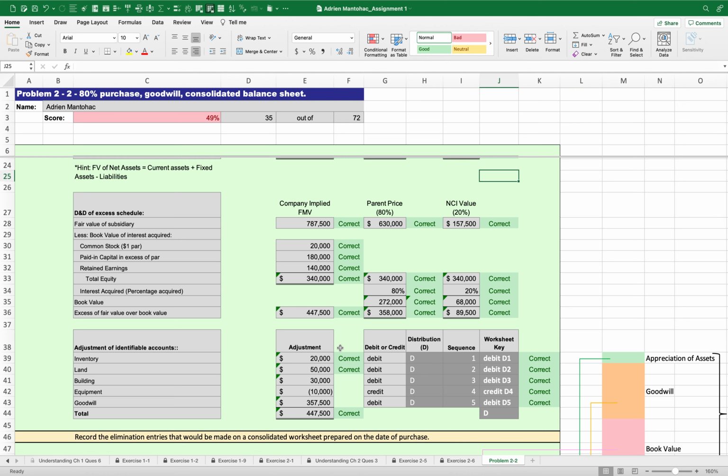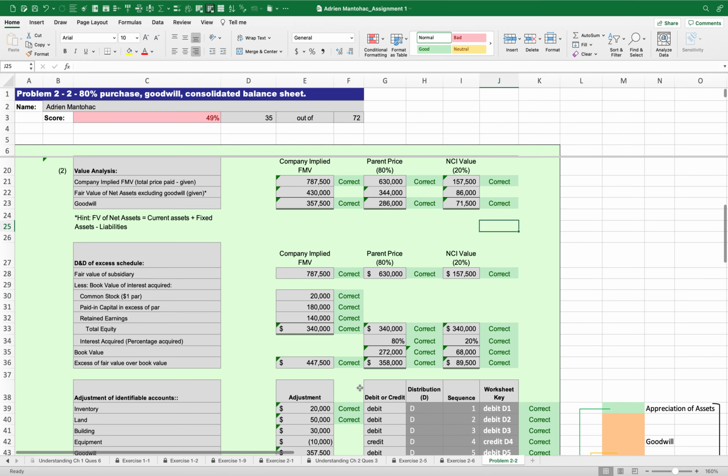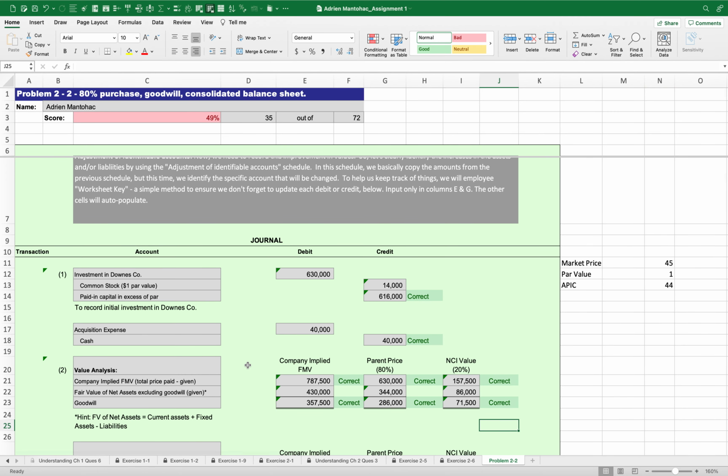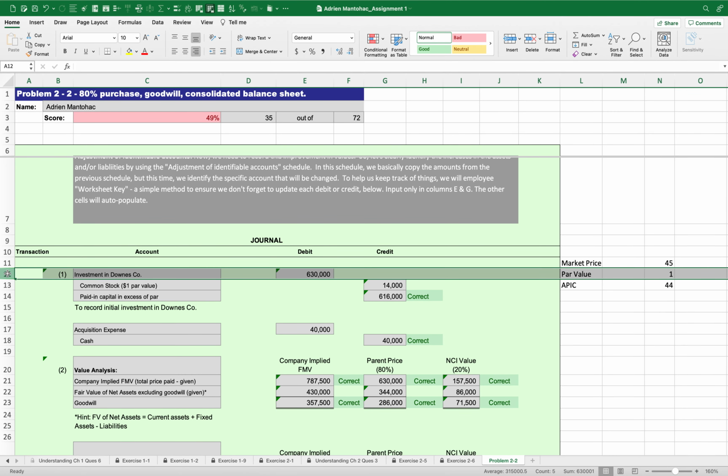I alluded to this earlier, but situations like this are necessary when you own 80% of subsidiaries. So imagine on your balance sheet, you have a bunch of investments in a subsidiary, and you recorded this initial entry to record your investment in a subsidiary where you really are the parent company, right?